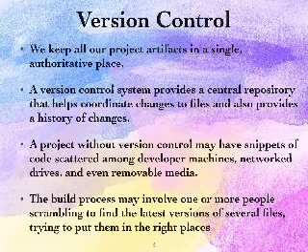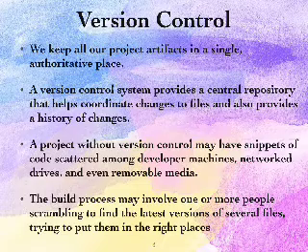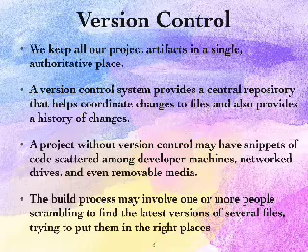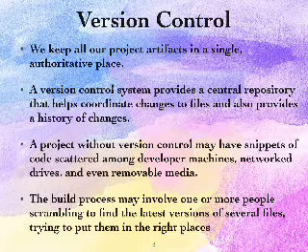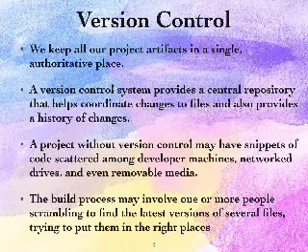A version control system provides a central repository or a central database of sorts that helps coordinate changes to files and also provides a history of changes that have been made to the files put inside the repository. A project without version control may have a lot of small bits and pieces called snippets of code scattered among all the developer machines.